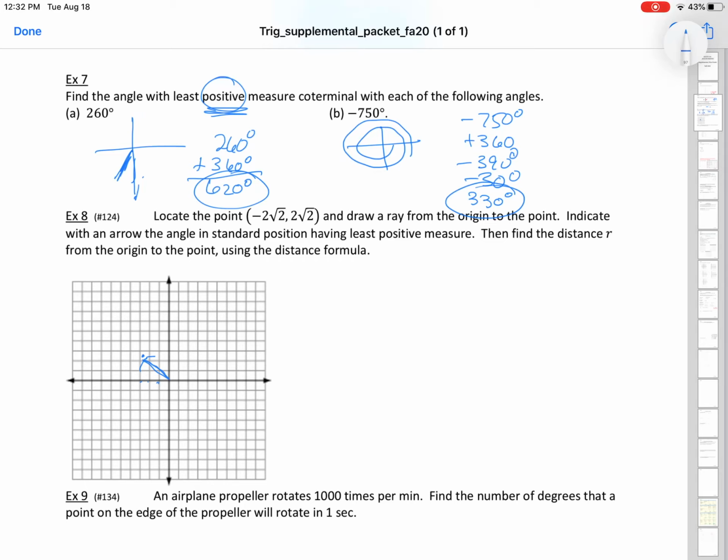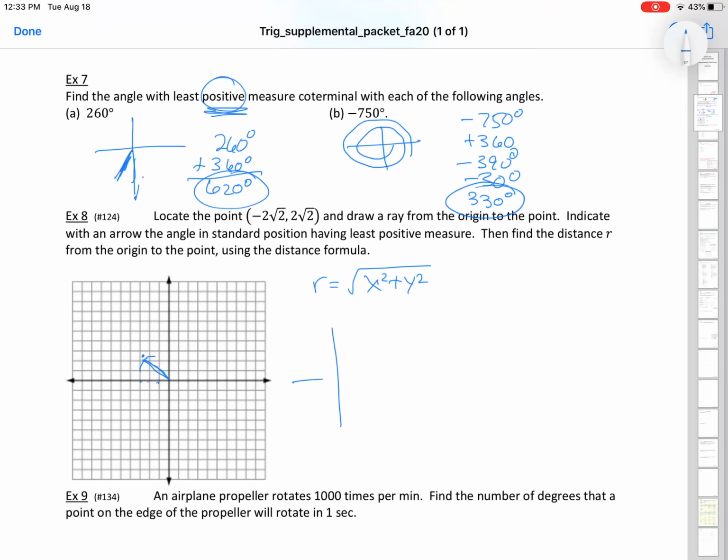So I don't know what they want. They want us to find the distance r from the origin to that point using the distance formula. Okay, so the distance formula says this, that the distance between the origin, which I'll call r, and a point is simply this, the square root of x squared plus y squared. So how does that come to be?